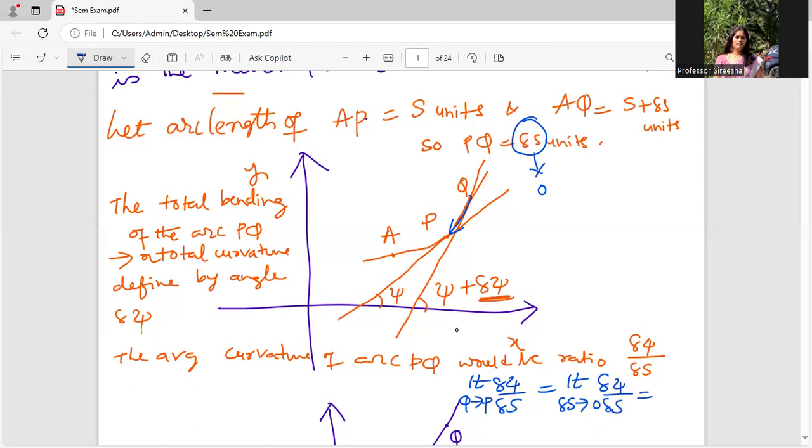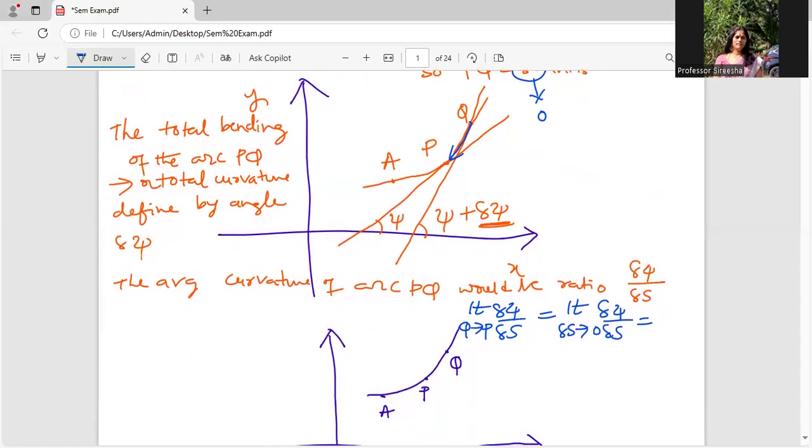This is nothing but my classical definition of a derivative, right? So I will rewrite this as d xi by ds. Agreed, guys? Now, d xi by ds would be denoted by chi.